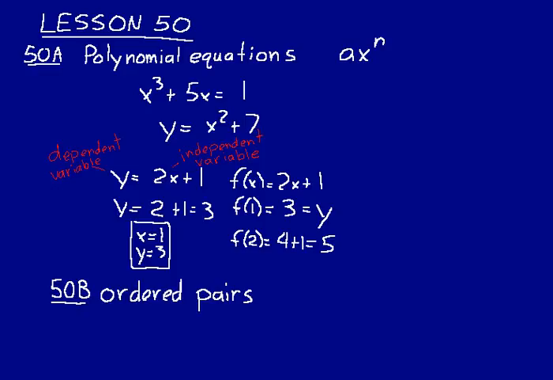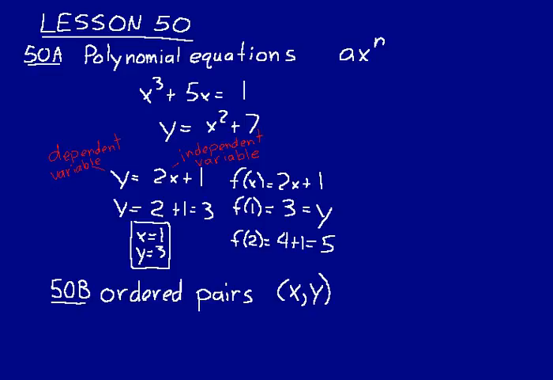Now what we've been discussing about the dependent and independent variables leads us to our next section on ordered pairs. And like I was saying, the value for y depends on what you put in there for x. X is called the independent variable. And to make this polynomial equation a true equation, you have to have that pair of values, one for x, one for y. That's what the ordered pair is called. And so usually that is written with parentheses, and you put the x value first and then the y value second, x comma y.